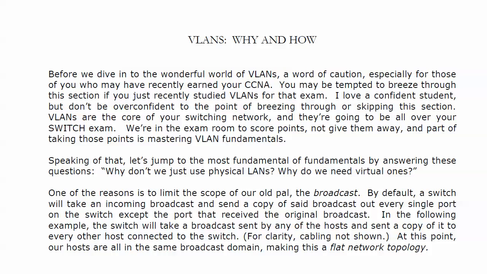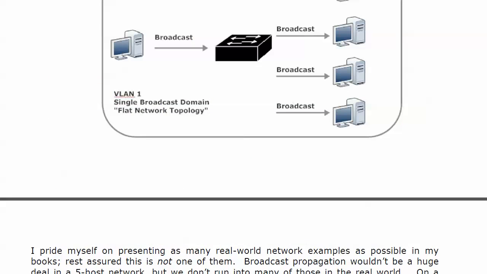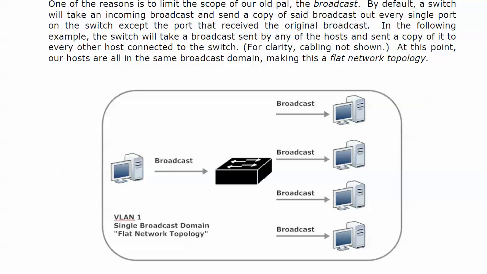Now, in the example I'm going to show you in a moment, the switch is going to take a broadcast sent by any of the hosts, and it'll send a copy of it to every other host connected to the switch. For clarity, I'm not going to show the cables here, but at this point, our hosts are all in one broadcast domain, and this is what we call a flat network topology.